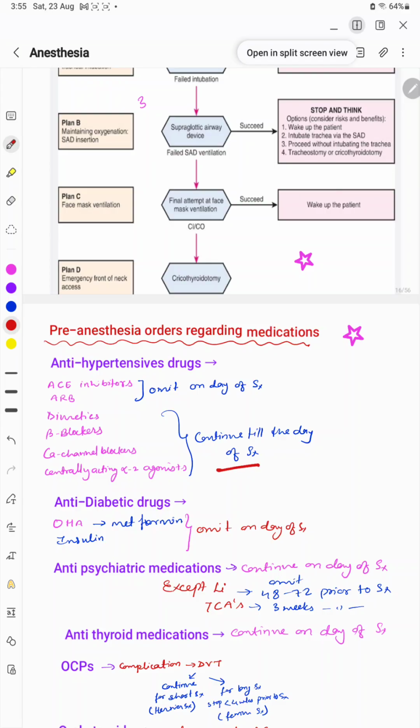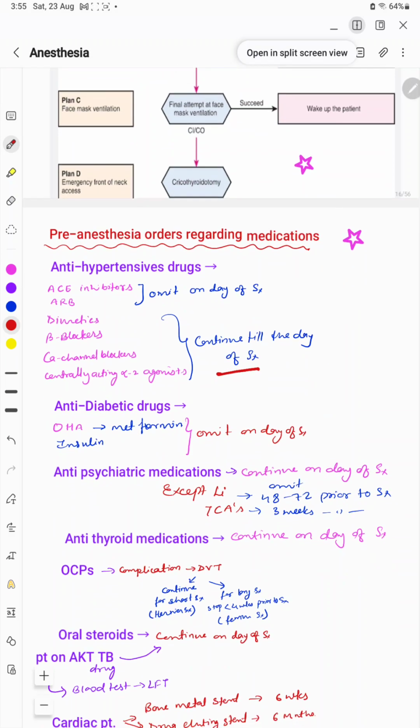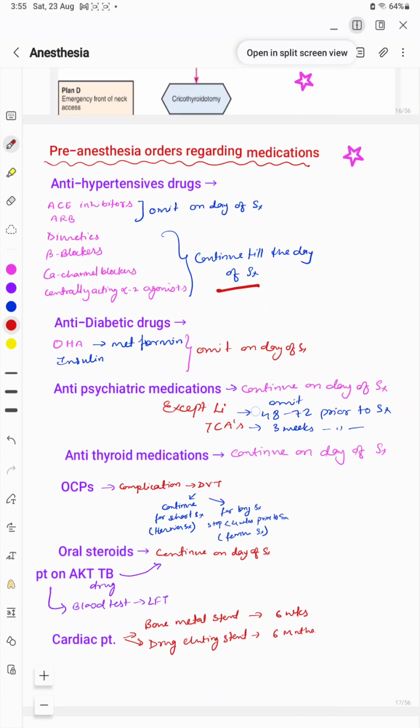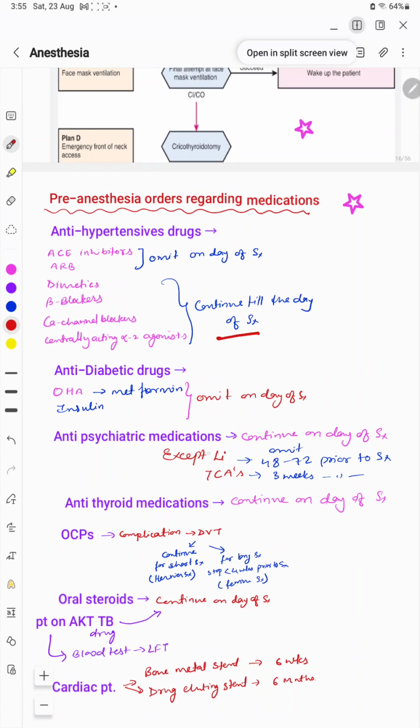Now, anti-diabetic drugs like metformin and insulin. No, we do not give them on the day of surgery, because the patient will be fasting and already has low glucose. And then psychiatric medicine is continued on the day of the surgery, because every patient, I think, is scared of the surgery, so we will continue psychiatric medication on the day of the surgery, except lithium.